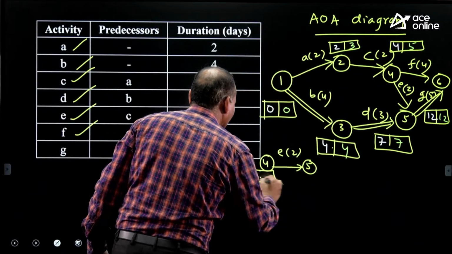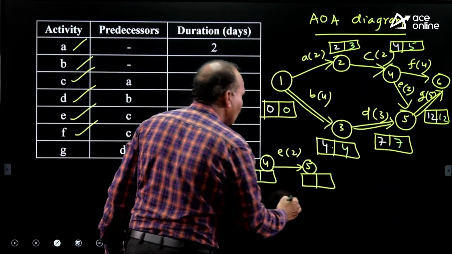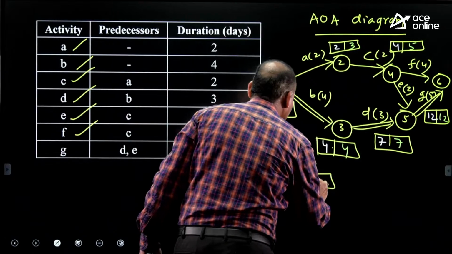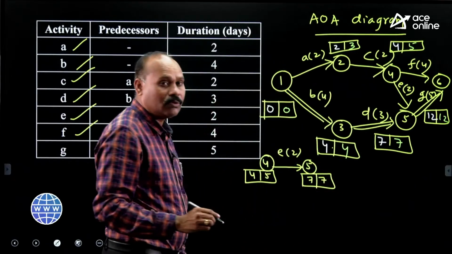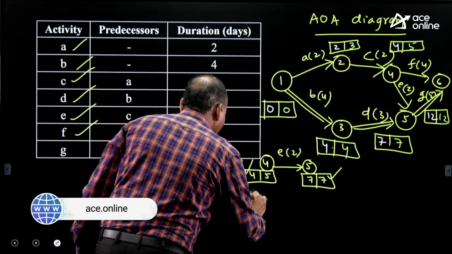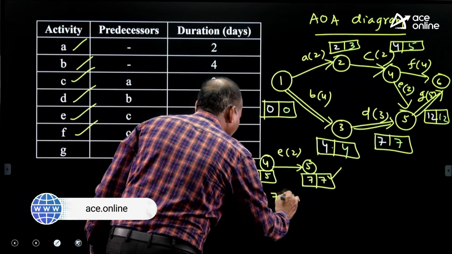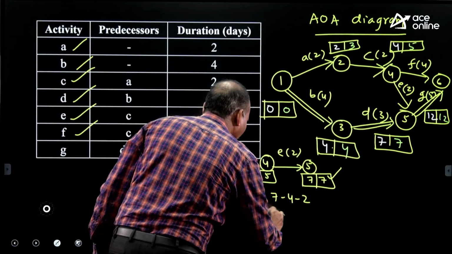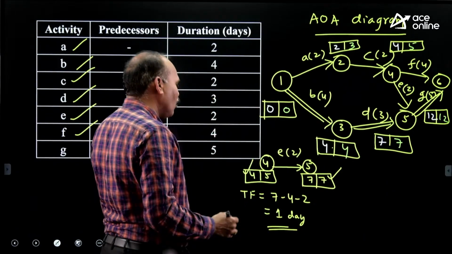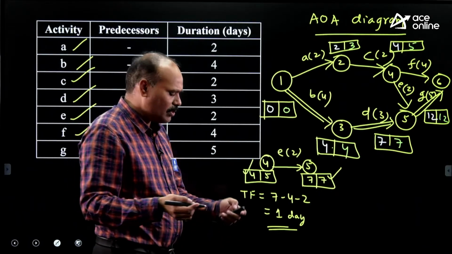At the 4th event, we find 2 values. At the 5th event, 2 values you can find. Those are 4, 5, 7, 7. Total float, 2 extreme values to take, 7 and 4. So total float is equal to 7 minus 4 minus 2. How much? 1 day. For activity E, total float is equal to 1 day.